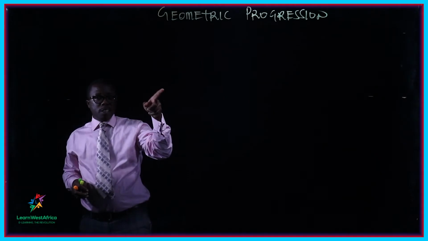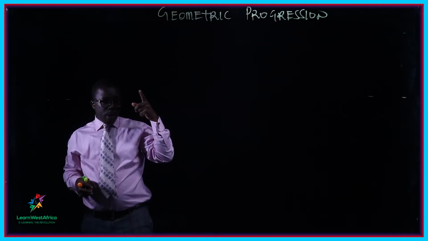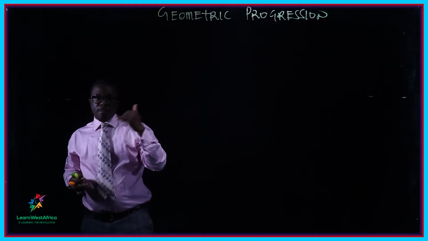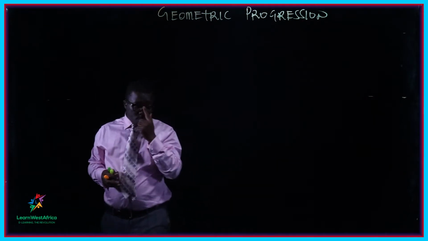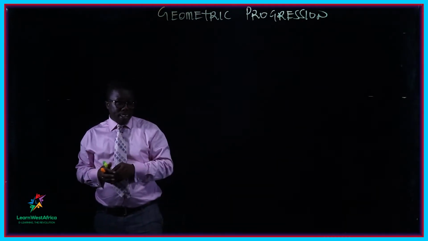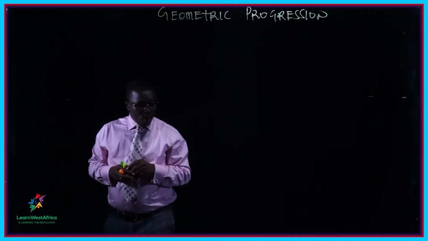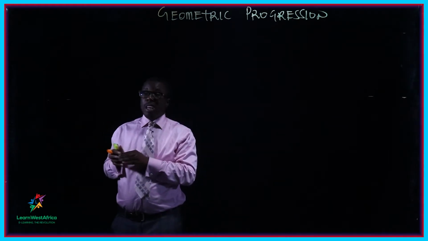Under geometric progression, like the question just shown, we are going to look at how the general term of the geometric progression is used in working out problems. The first question says that a geometric sequence has been given and we want to find the common ratio and the next two terms.